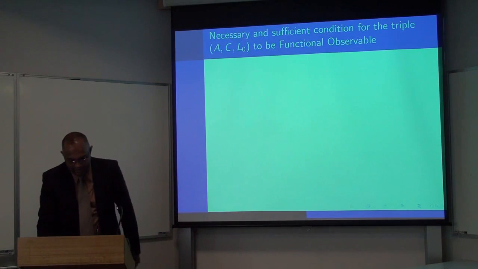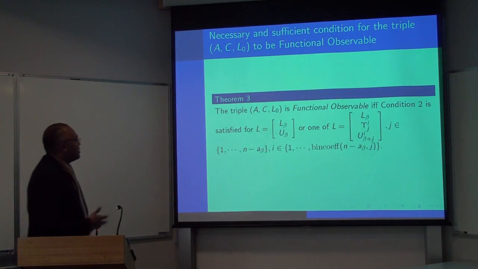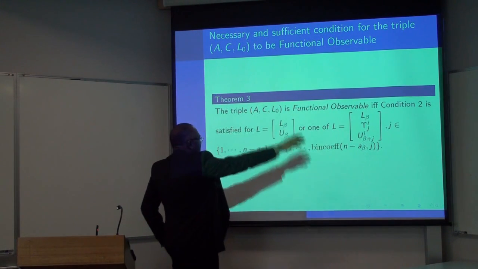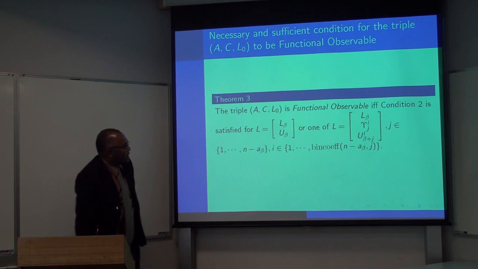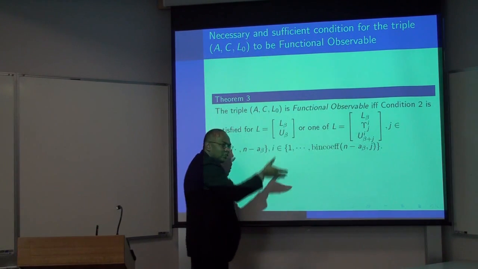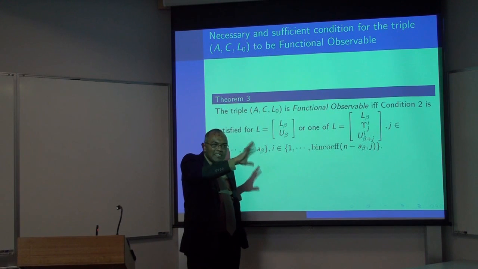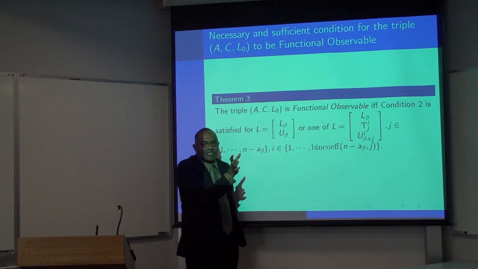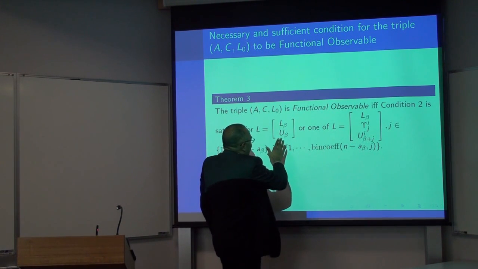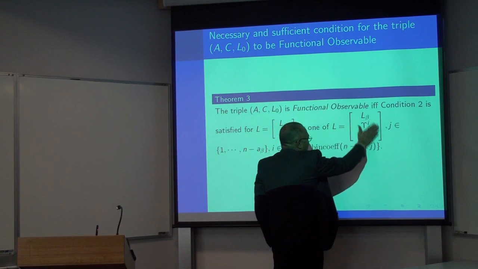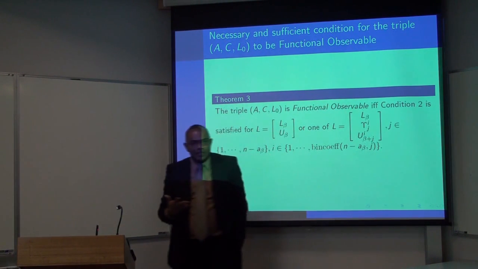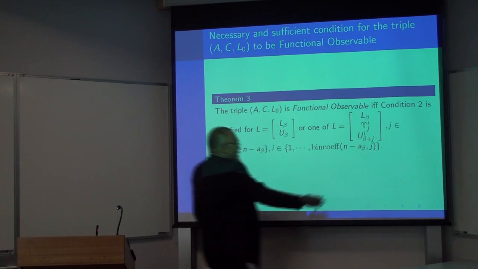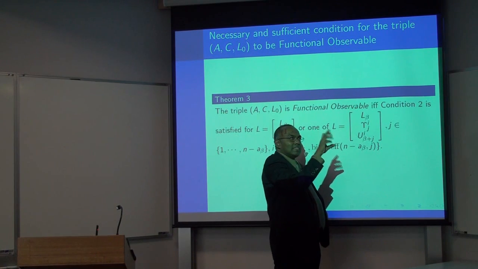So the paper will have a theorem, an if and only if condition, which says this triple is functional observable if L beta and U beta is the space that was inside CSC, right? Inside CSC. So if it satisfies for that, this is talking about a phase 3 observer. Here U is a subspace of CSC.